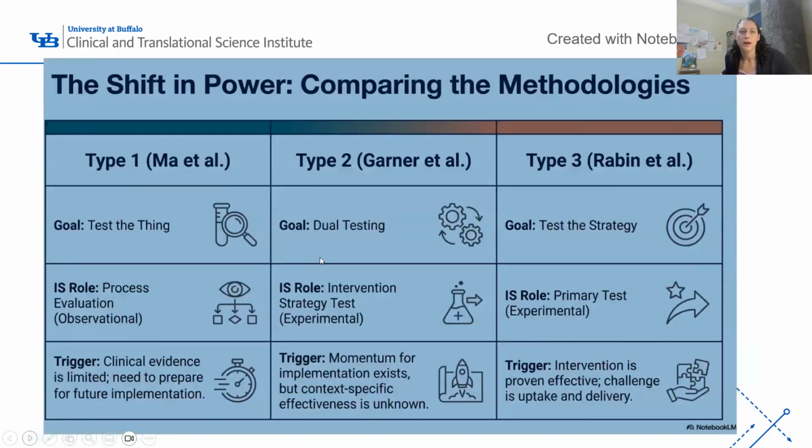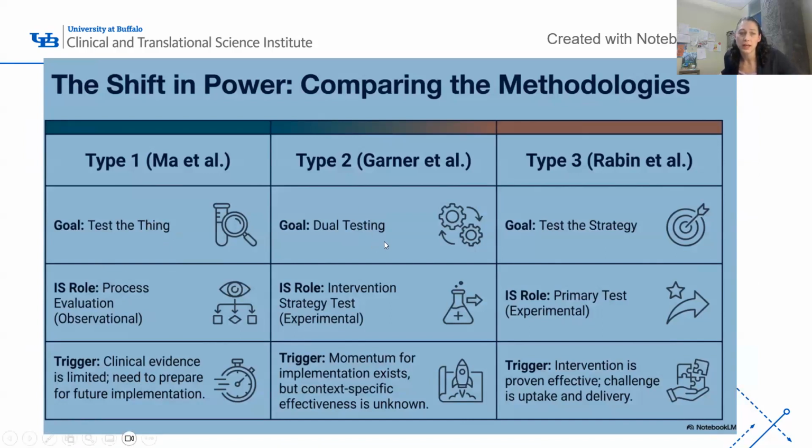So to sum it all up, in the type 1, the goal is still to test the thing and see if the thing works. But along the way, we're doing some evaluation to understand what's happening. You would do a type 1 study when the clinical evidence is limited, but there is some evidence for effectiveness, and you also want to prepare for future implementation.